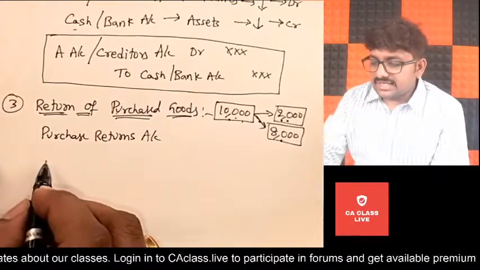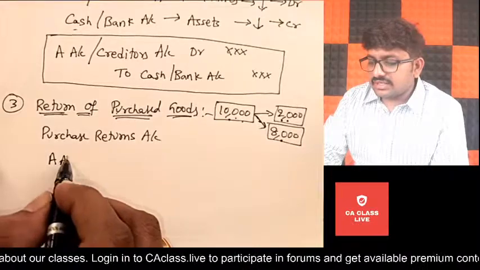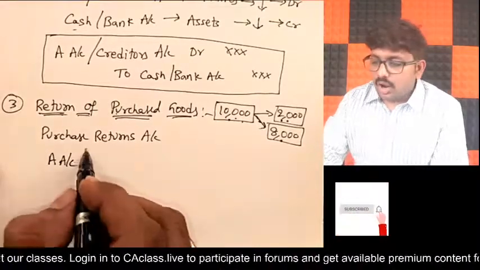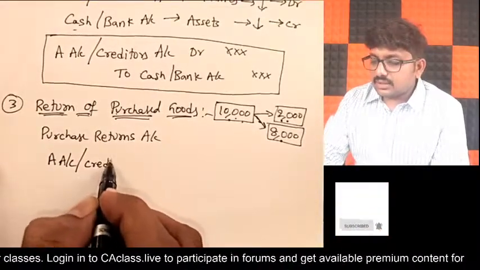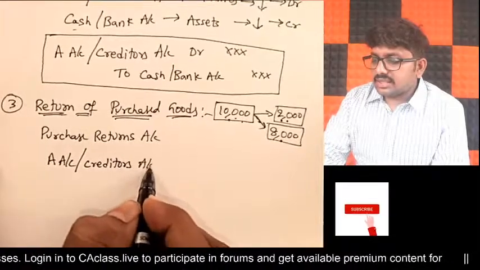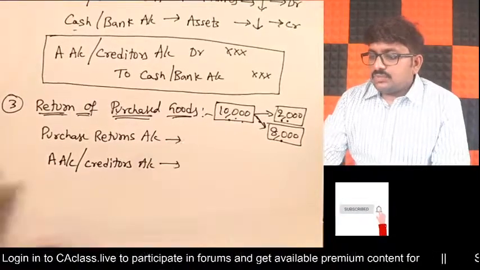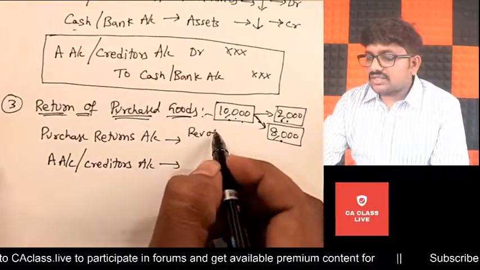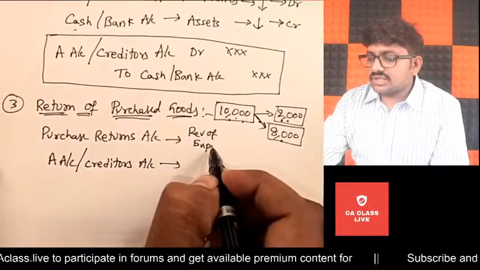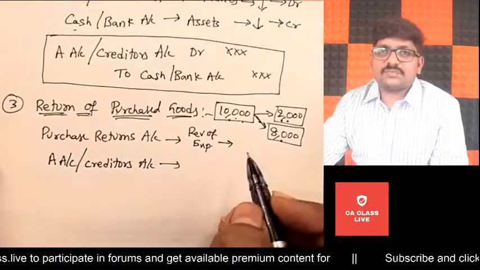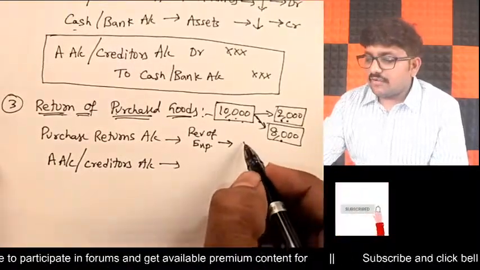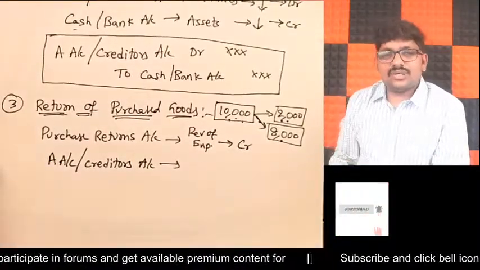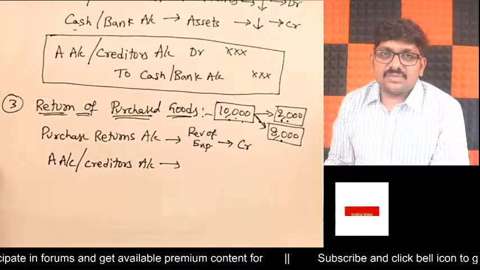Who is my liability? A account, or in general creditors account. Both are affected. Now purchase returns is what? Reverse of expense. We already discussed that. Reverse of expense, whenever it happens, you have to credit it.